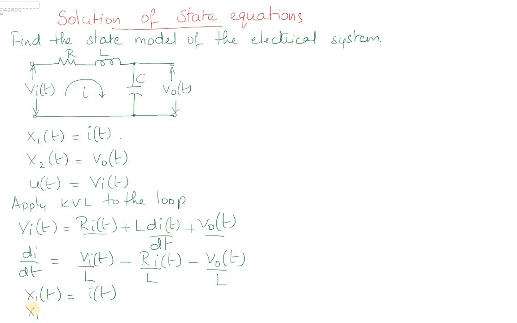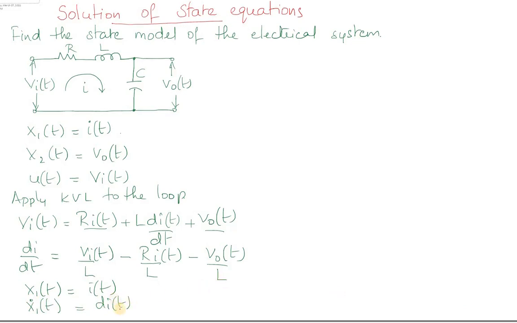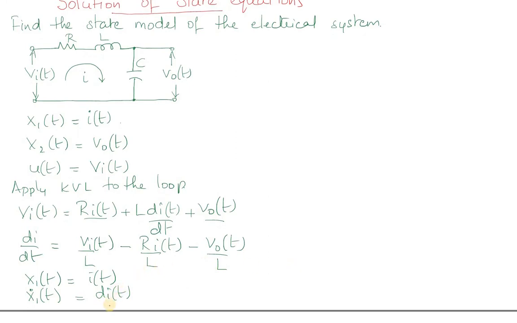So x1 dot of t, this is the derivative of x1 of t. So this we can write it as di of t by dt. Okay, so this is the first equation.